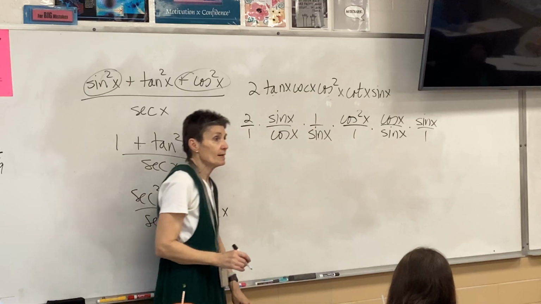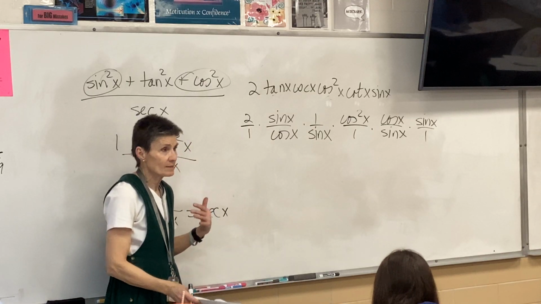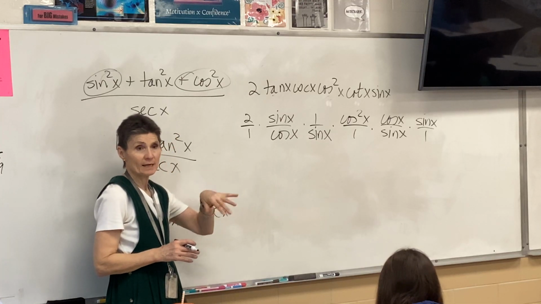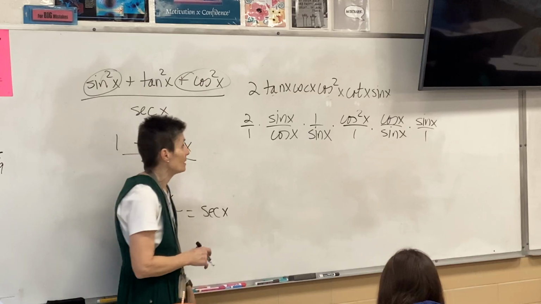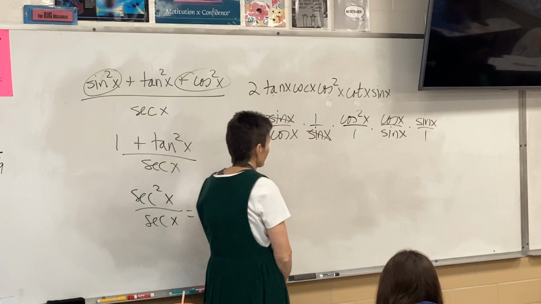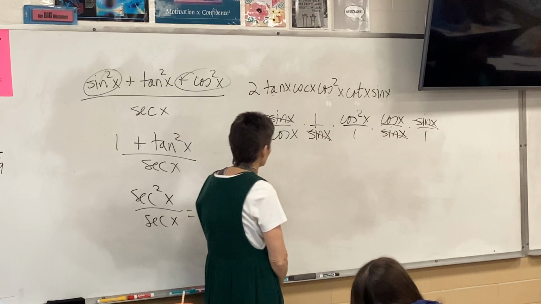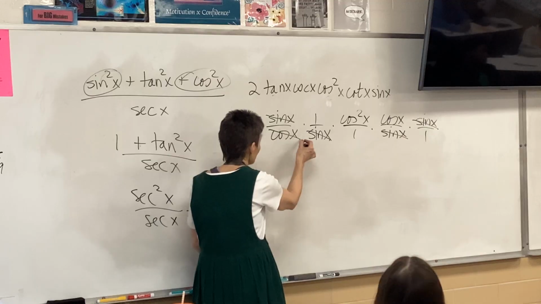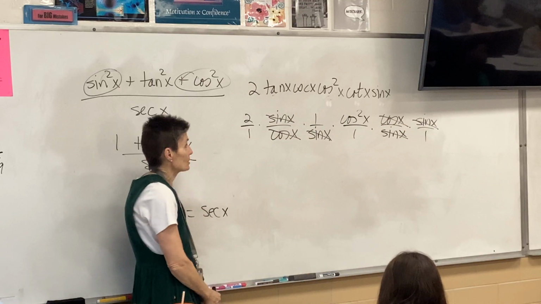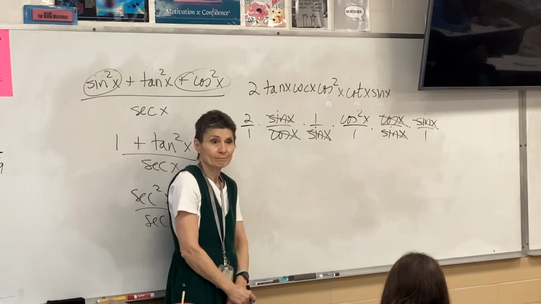All right, so there's a lot there, but everything's multiplied, so I can cancel anything on the top with anything on the bottom. It looks like I have a sine and a sine, another sine and sine, and a cosine and a cosine. You see that? So what's left? 2 cosine squared.